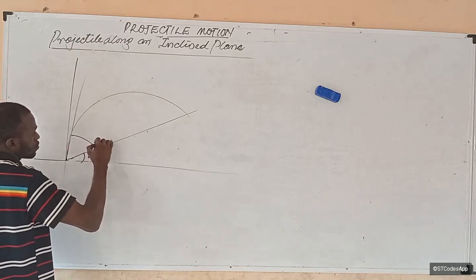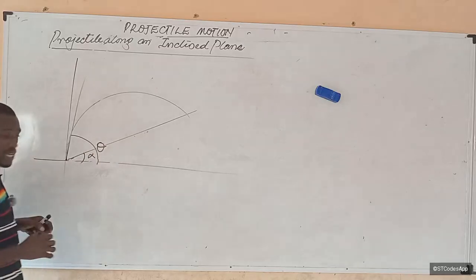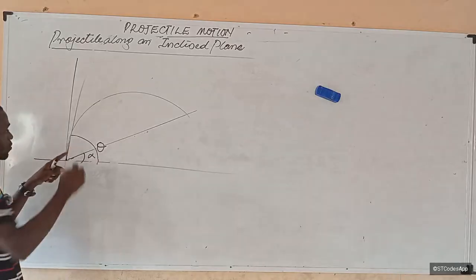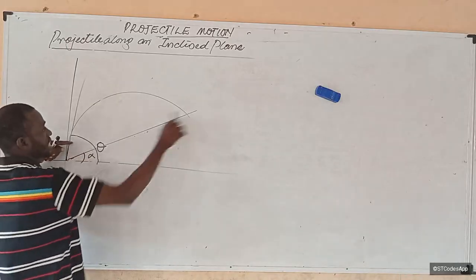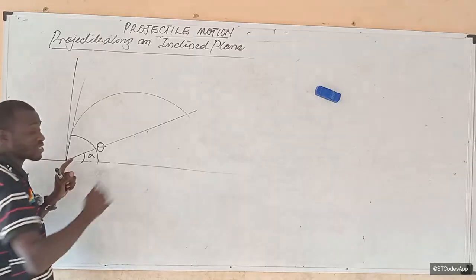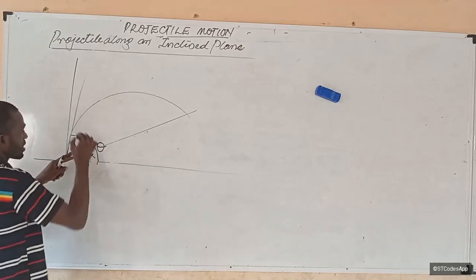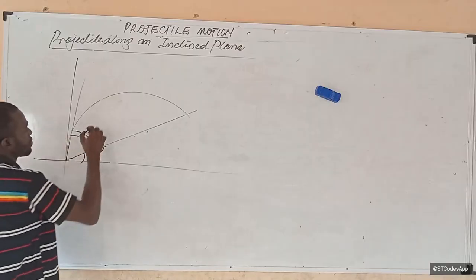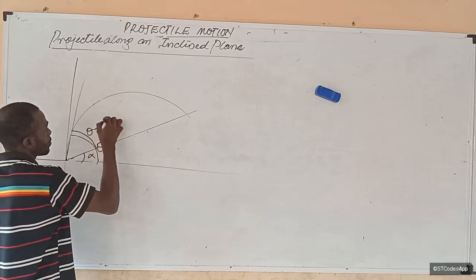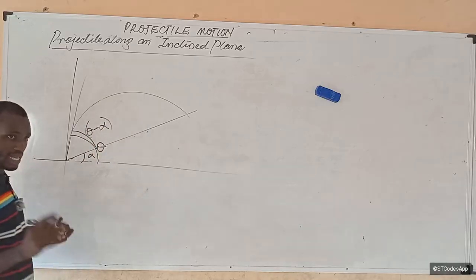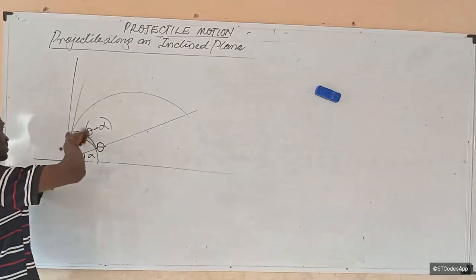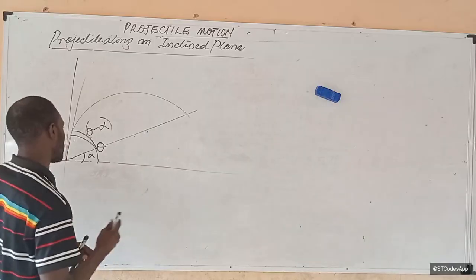Since this entire angle is theta, what will be the angle of launching along the incline? It will be this total angle theta minus alpha. So that will be theta minus alpha. Is that clear to you? Not 90 minus theta. 90 minus theta will be this remaining part here. Is that clear? All right.